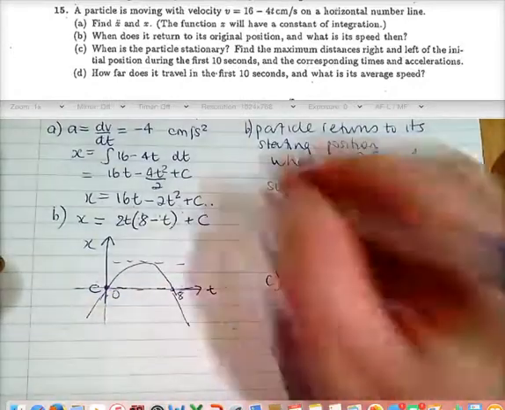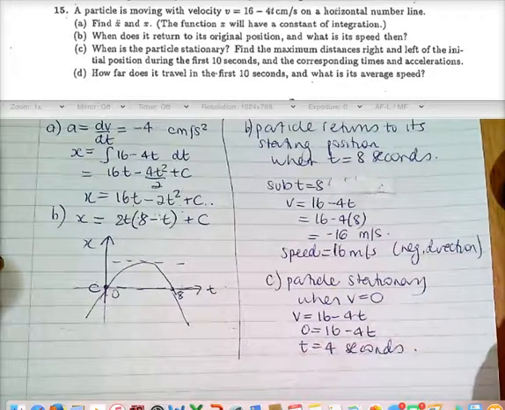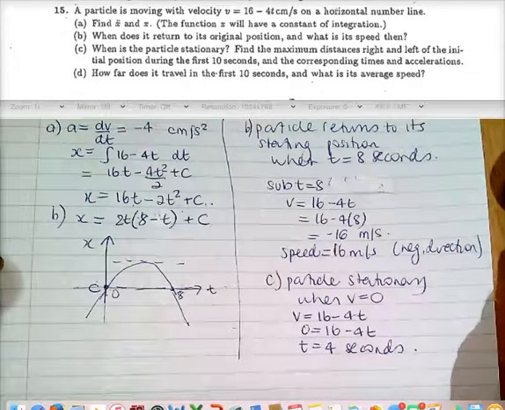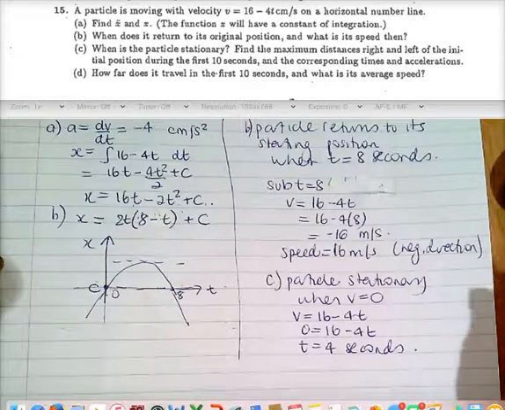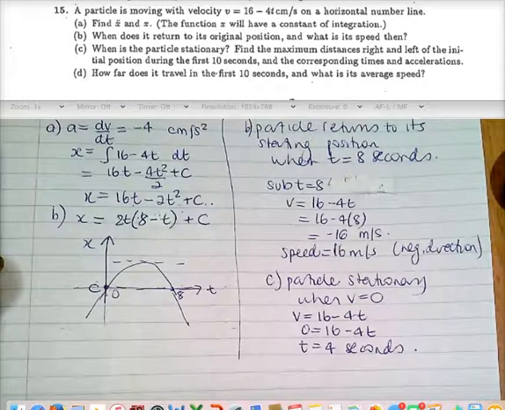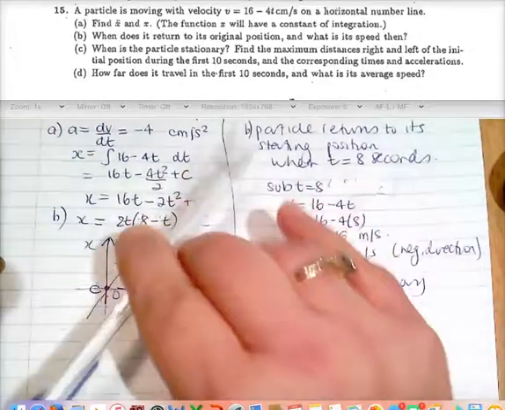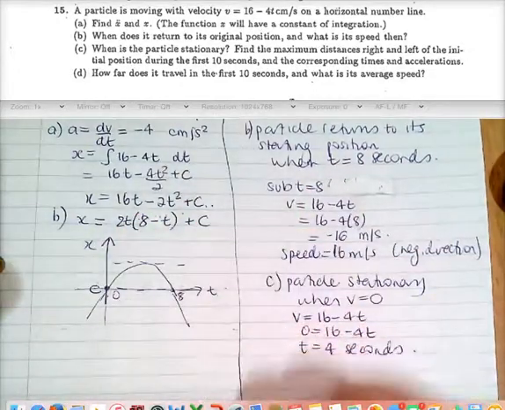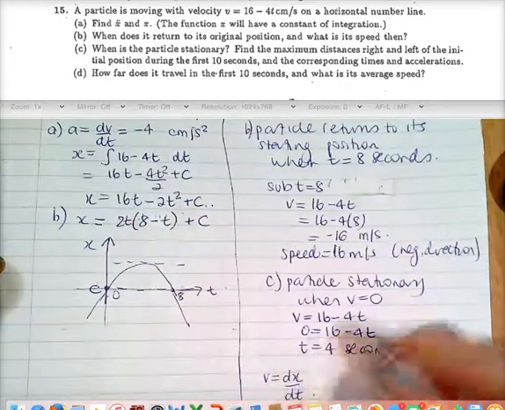Now it also says, find the maximum distances right and left of the initial position during the first 10 seconds and the corresponding times and accelerations. If we look at this graph of x versus t, remember velocity equals dx/dt.